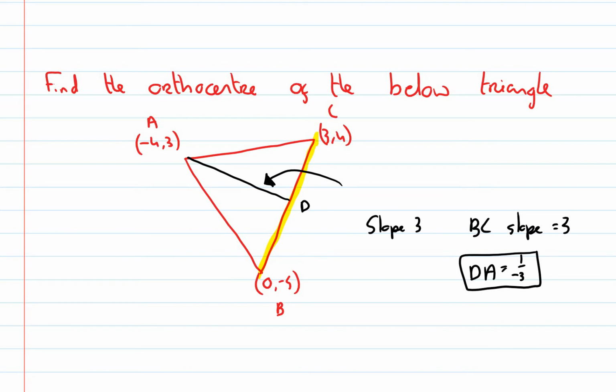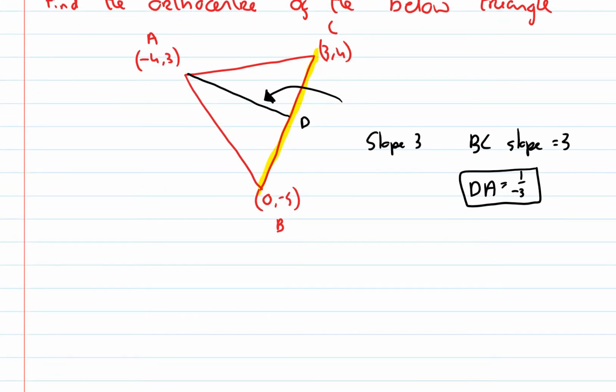I want to find the equation of that line. Do I have its slope? Yes. Do I have a point on the line? Yes. Here it is. And what is that point? Minus 4, 3. So the point equals minus 4, 3. Find the equation of that line.